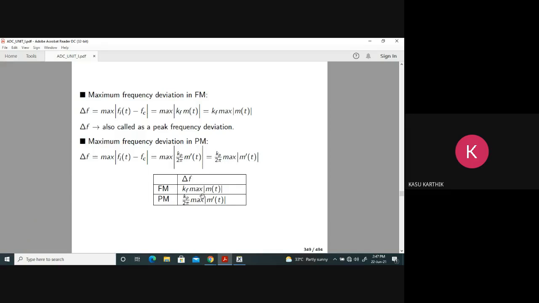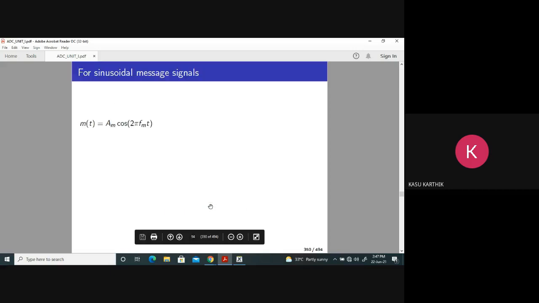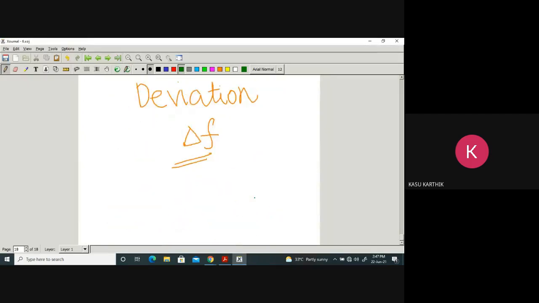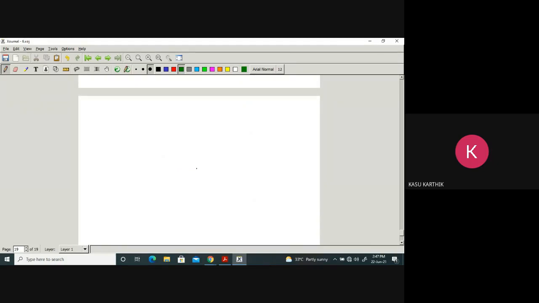Otherwise I will solve this. Delta f is called the peak frequency deviation or maximum frequency deviation. It is Kf mod m of t. I am not writing maximum because we always take the maximum only.